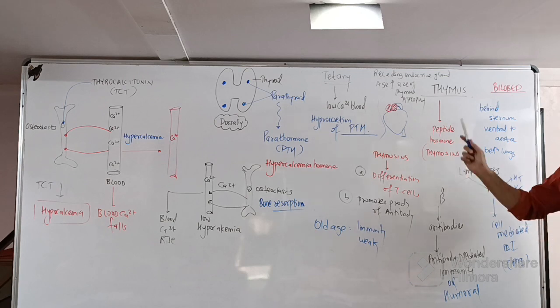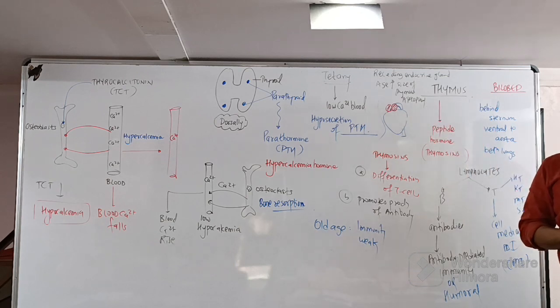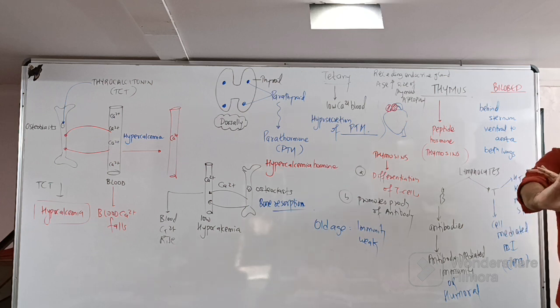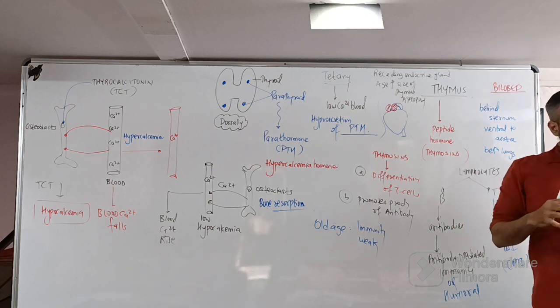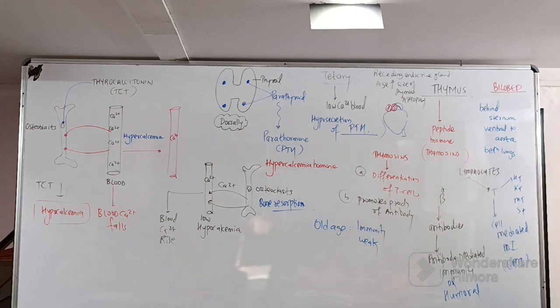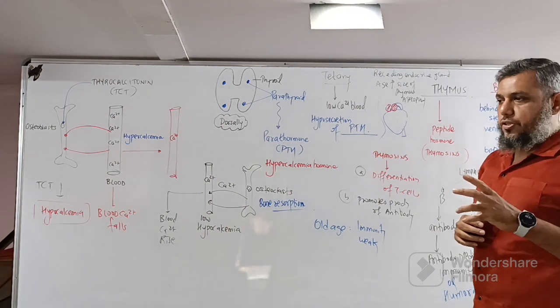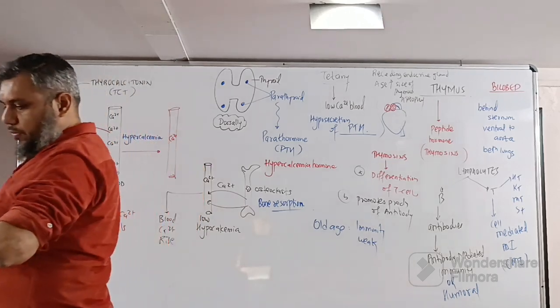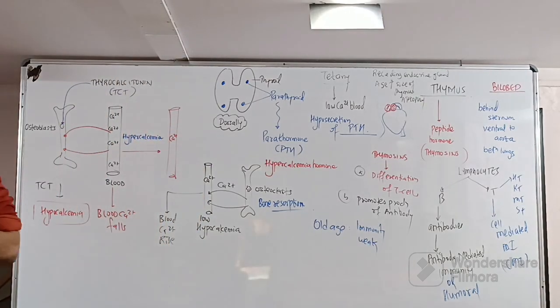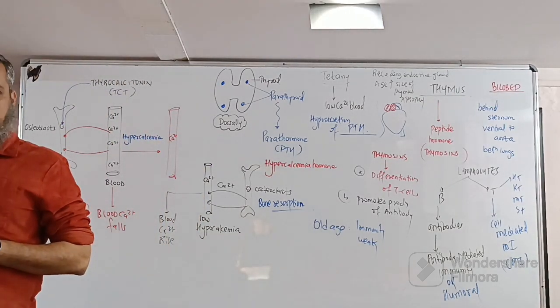The atrophy of the thymus. In old age, your thymus gland totally becomes what, children? Atrophied. By puberty itself, its size has almost decreased a lot. Got my point? So by the time it is old age, the thymus size has become less. So old people have more chances of infection. Their immune system is what, children? Weak. Did it go into your minds, my point, or not?